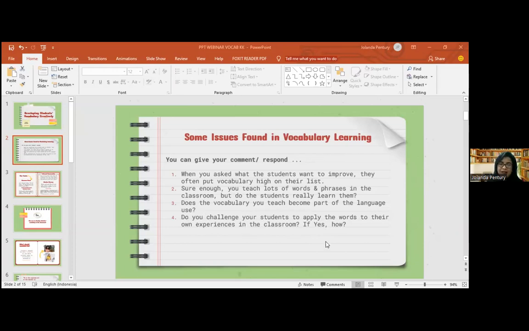And the last, okay. Do you challenge your students to apply the words to their own experiences in the classroom? If yes, how?